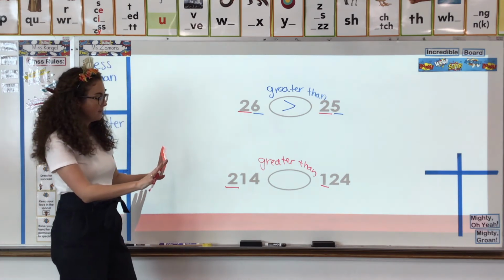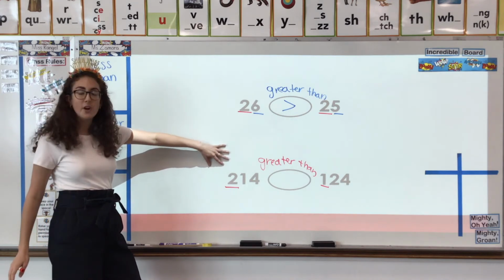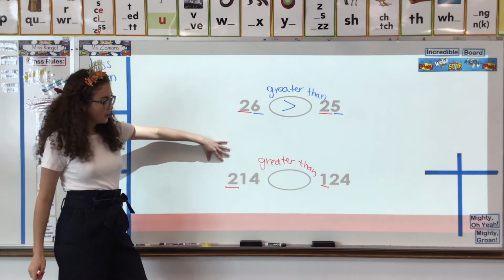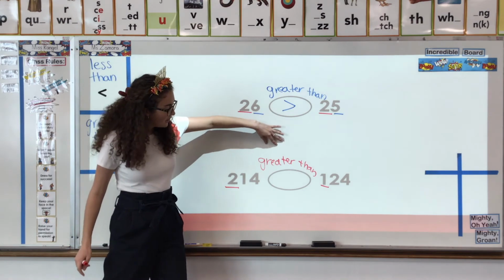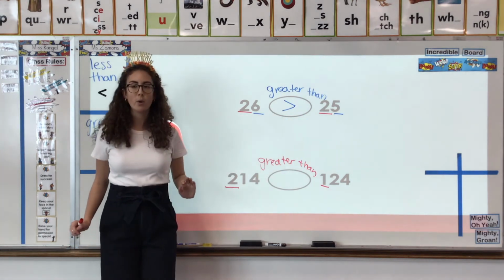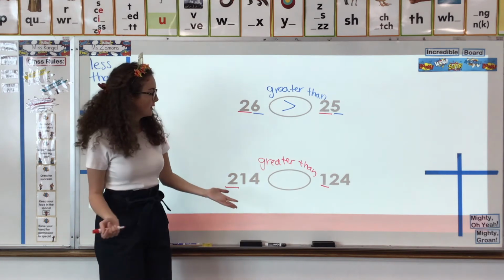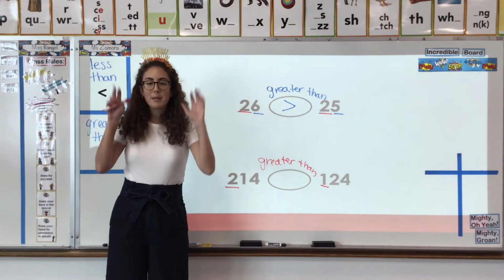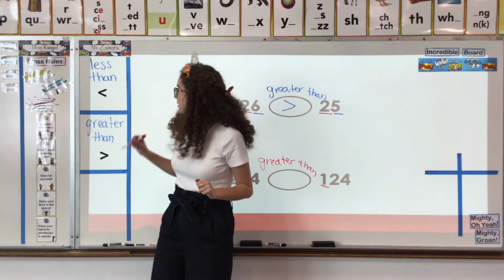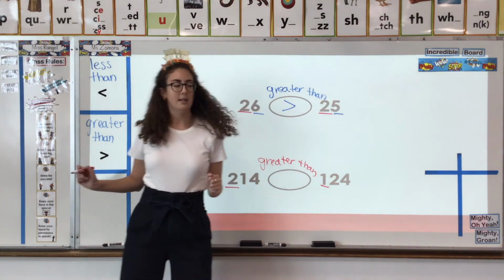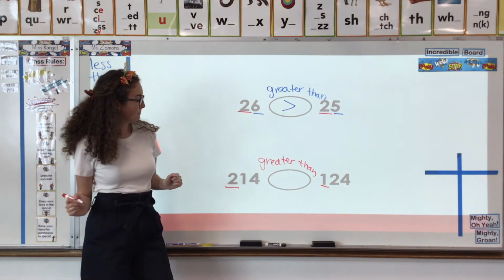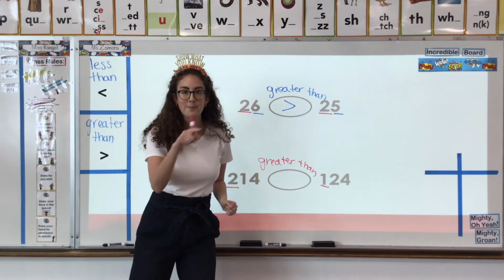Okay, second grade. So if this first number is bigger, 214 is greater than 124, what symbol are we going to write to show this? Where will the opening be for our symbol? Greater than. It has to face. Can you write it?